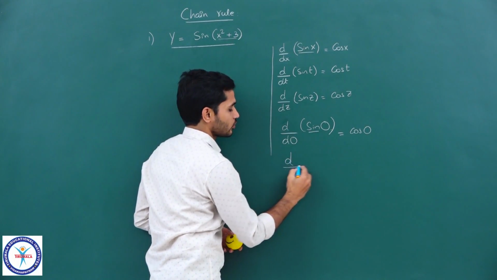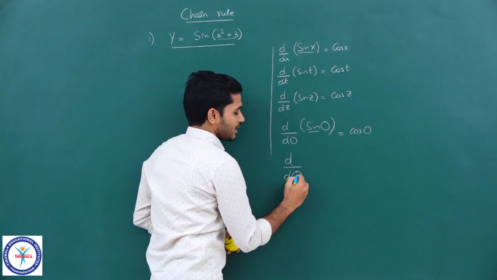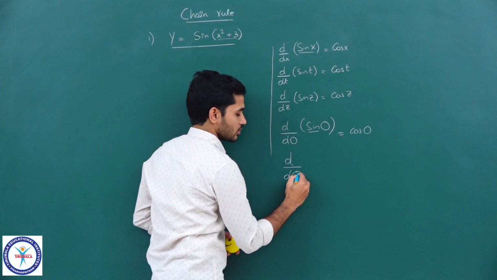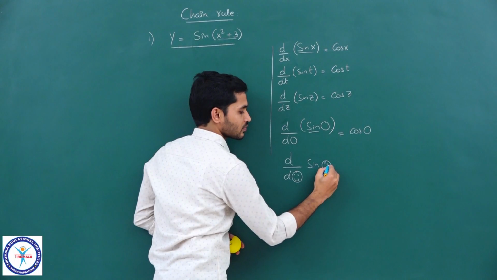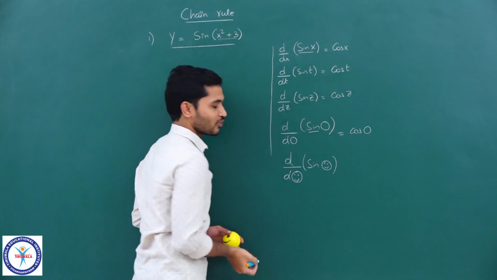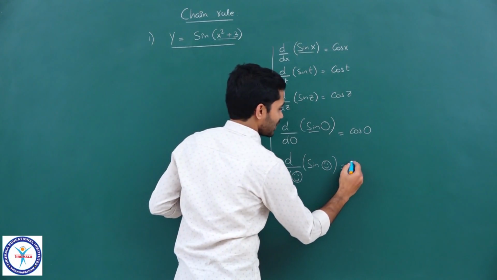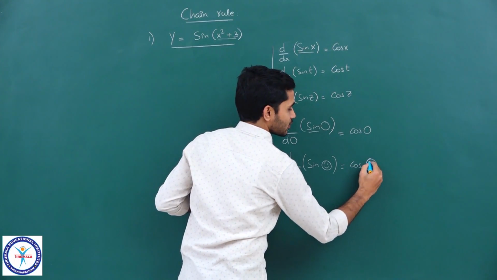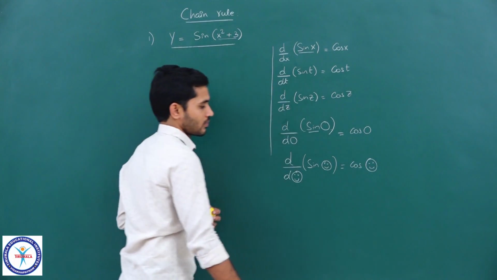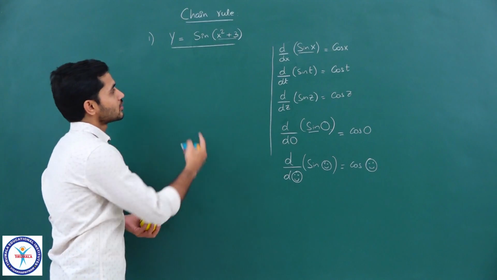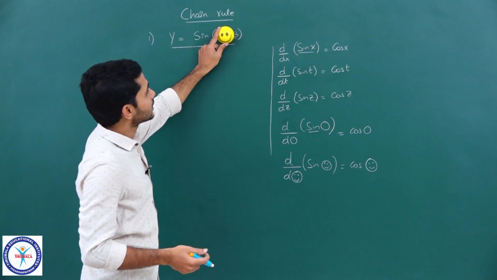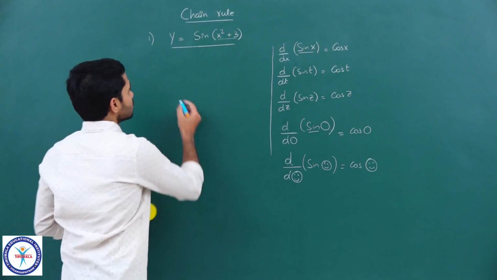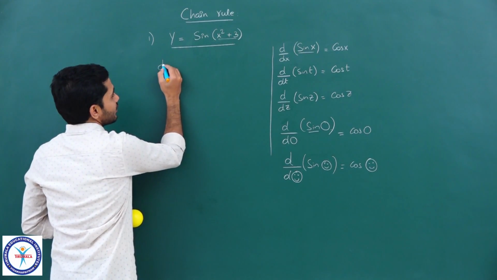So, let me write smiley also. d by d smiley of sin smiley, right. So, what would be the value of this? This would be cos smiley, right. In the same manner, I am going to consider whatever is present inside this as smiley. So, I need to find dy by dx.